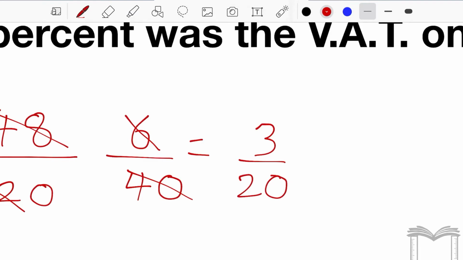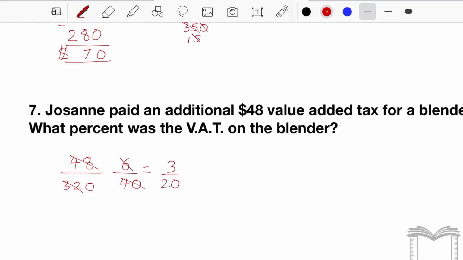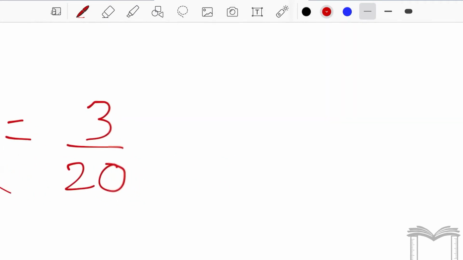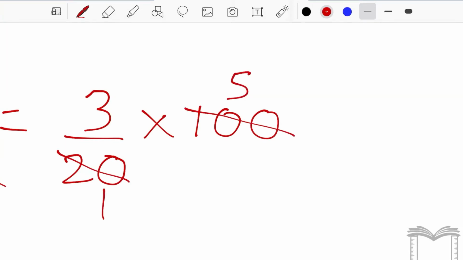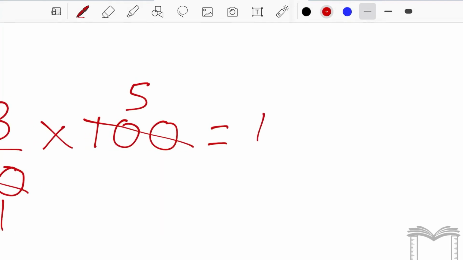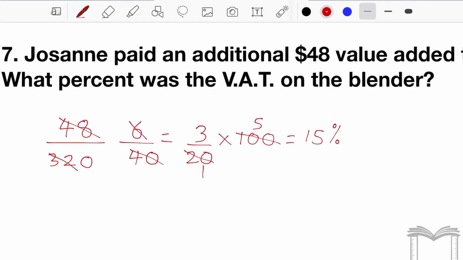And 2 into 40 is 20. So the fraction is 3/20ths. As a percent, we simply multiply this fraction by 100. 20 into 20 is 1. 20 into 100 is 5. 3 times 5 is 15. So the answer is 15%.